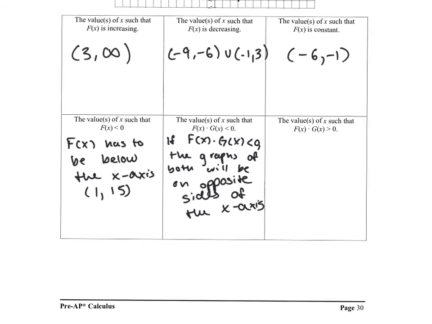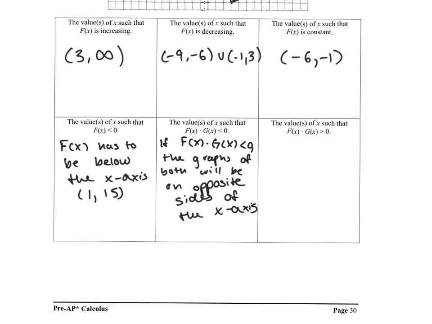And that actually takes place over 3 intervals: negative 9 to negative 4.5, and 1 to 6, and a real short interval, 10.5 to 11, all right? Now, 11 has a closed bracket because that is where our function g of x ends.